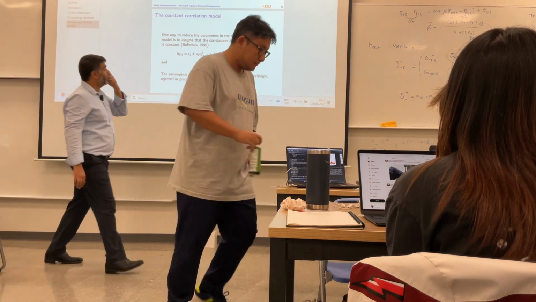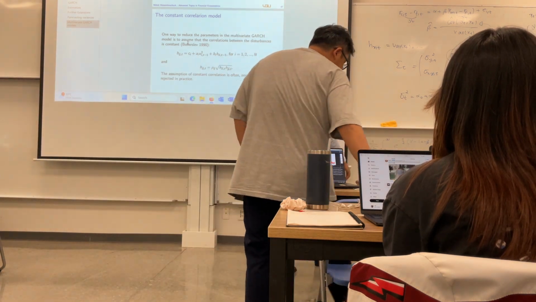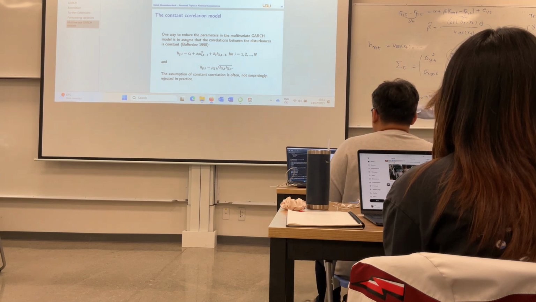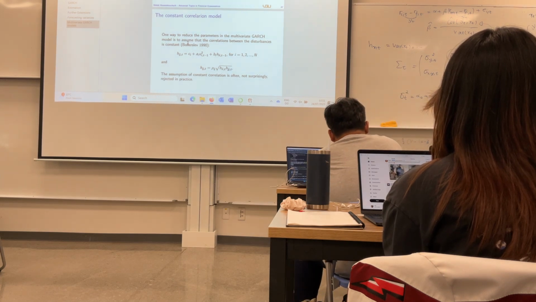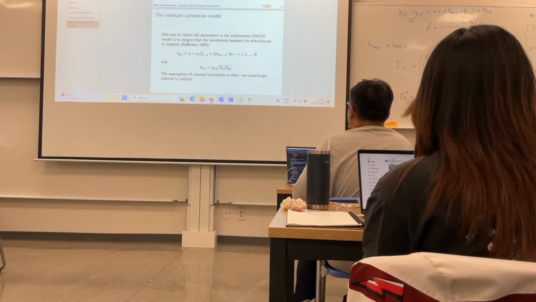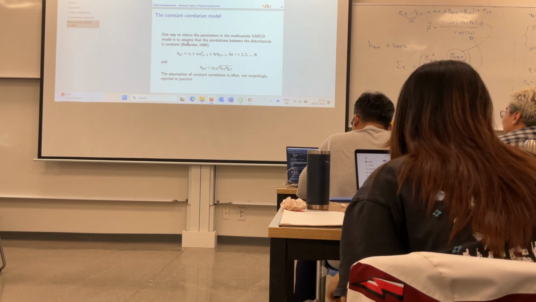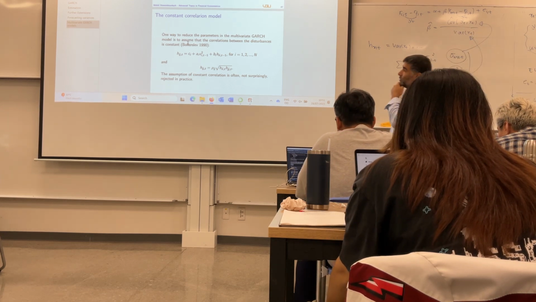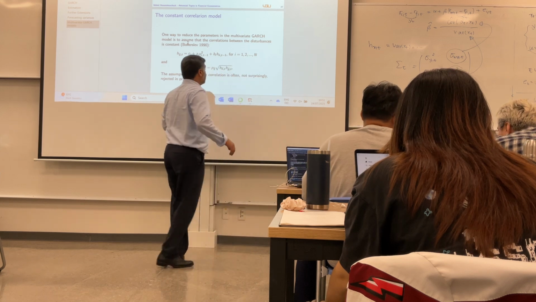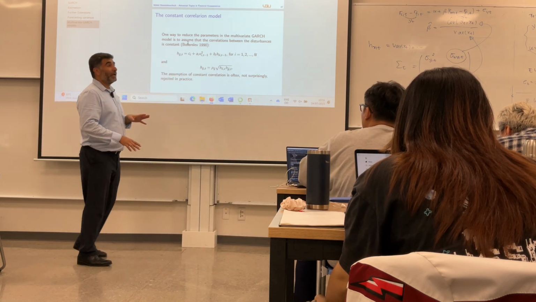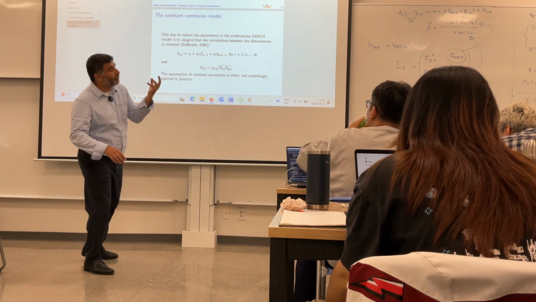Another model that we have is by Bollerslev, and that is simple. It came in the early 90s. He said, let's take things simple. What is the covariance?